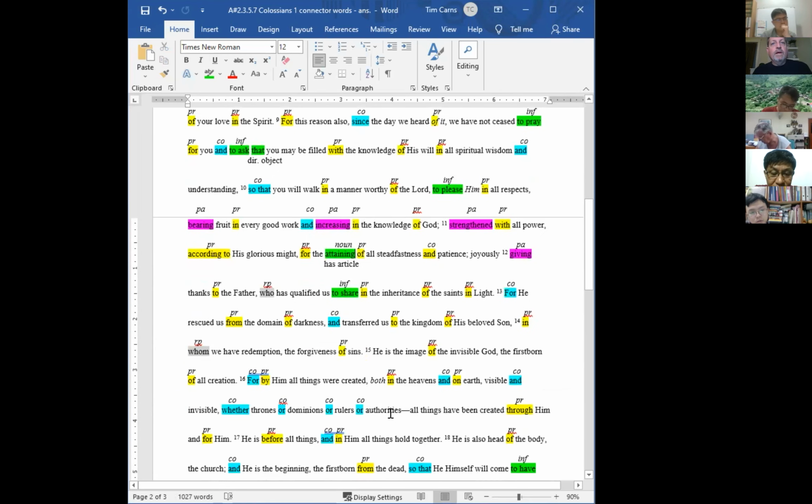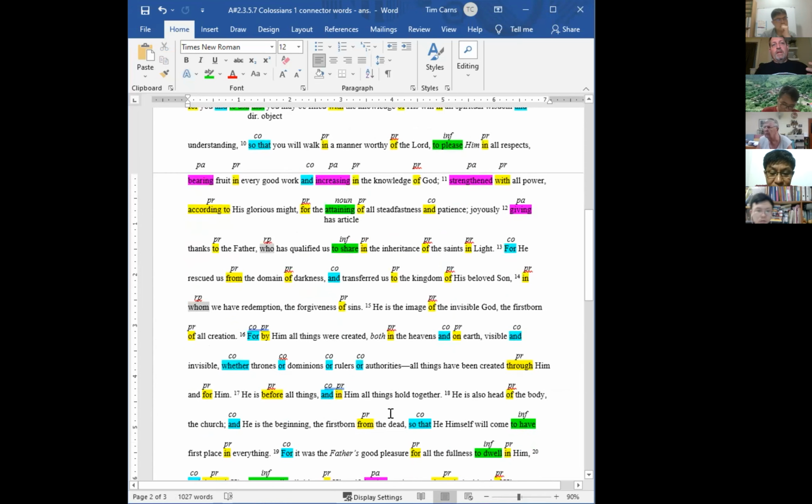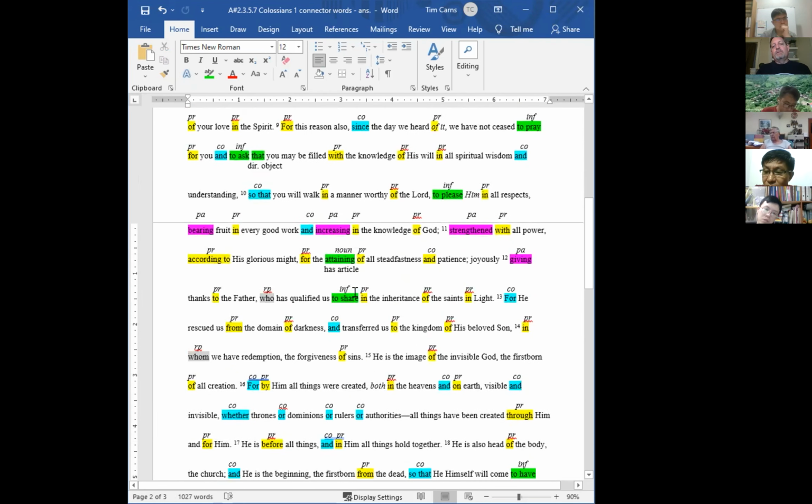What I would suggest, if you want to get the most out of this, is before you look at what I did, go through it yourself. If you've done the assignments, you'll have already done this. They're in three parts: one assignment looks at conjunctions, another at prepositions, and assignment 5 looks at the pronouns and participles.